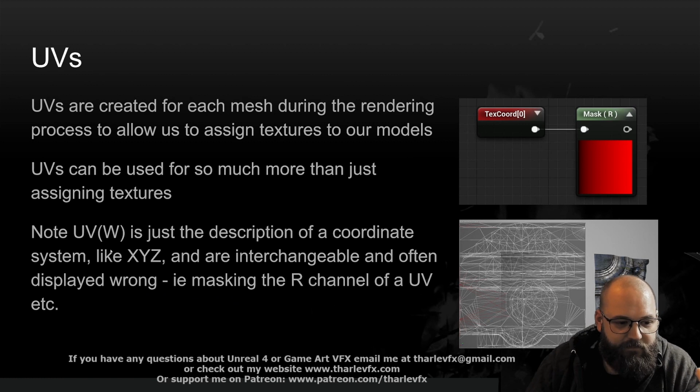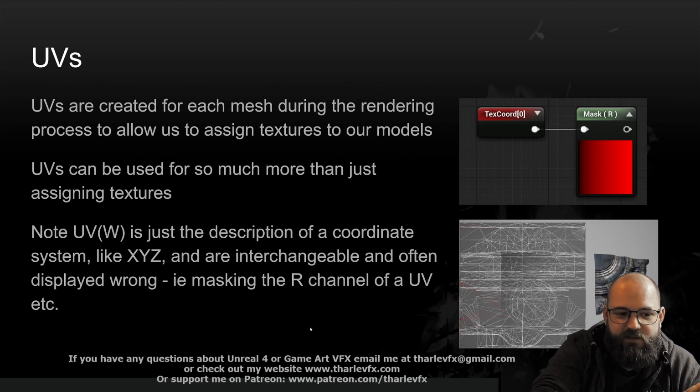Quick note about notation. UVs are called UVs because effectively they're actually UVW, and so it's a coordinate system. X, Y, and Z are usually used for the local or world space, whatever coordinate system defines points in space.